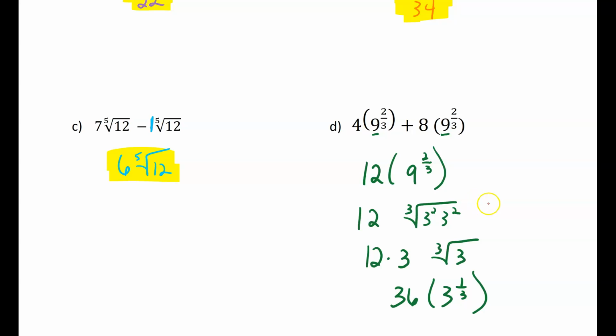Would we then do 36 times 3 to the 1/3? Okay, so remember that 3 to the 1/3 is a cube root of 3. So can you multiply those? Can you combine them? No, so it has to stay by itself.